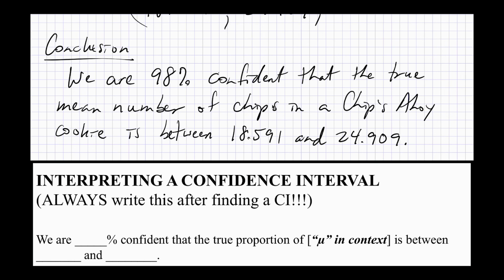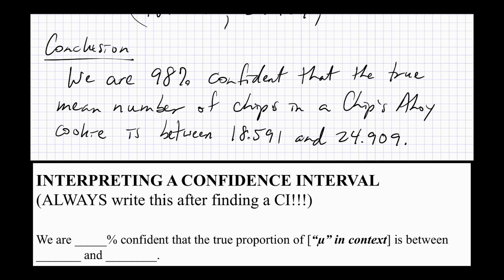So what I want to tell you guys is think about this in the back of your head, because after the AP test, this is what we do. You're going to do some research. You're going to use a confidence interval to answer a question like this. What is the true mean number of Chips Ahoy chips in a cookie?